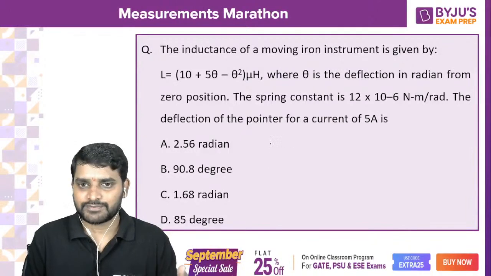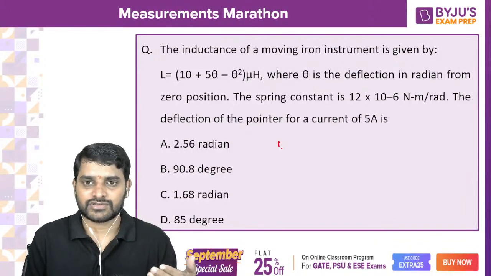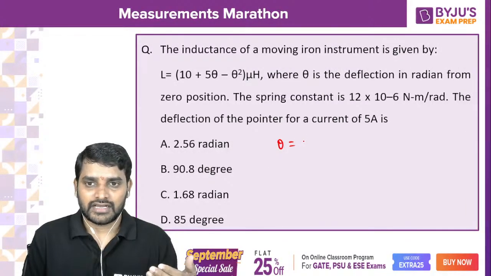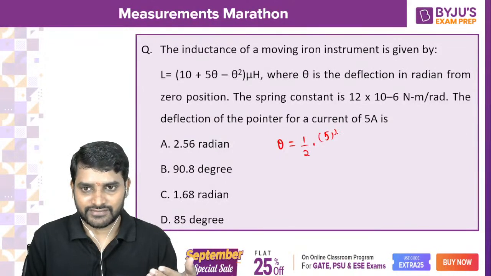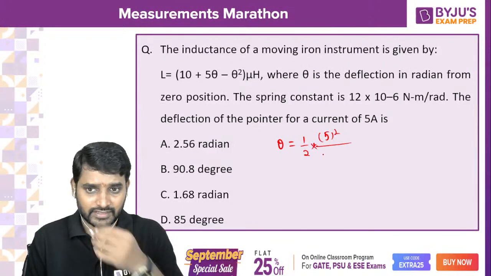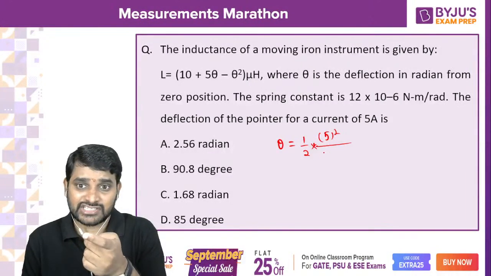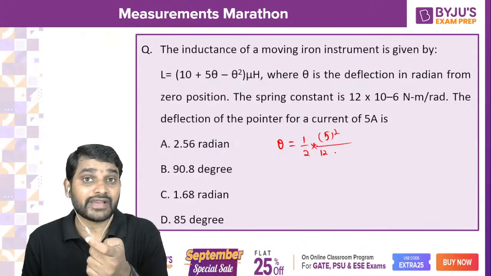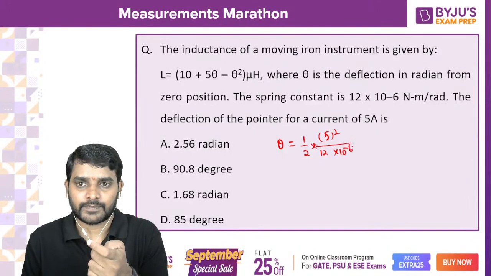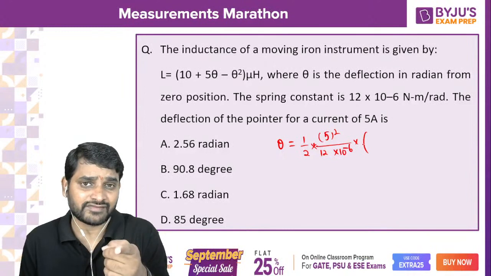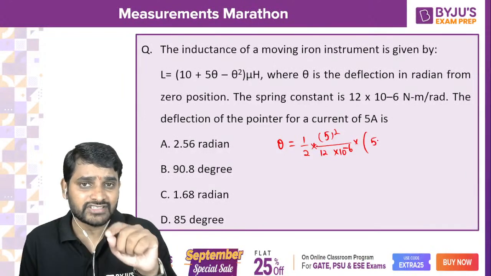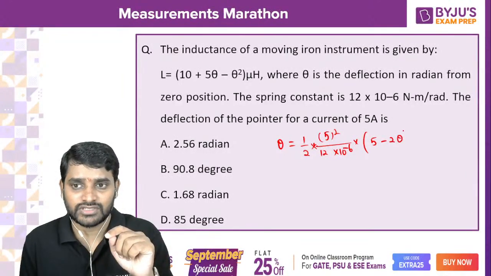Now you simply substitute in the equation. So theta equals half into I square, I square is 5 square, which is 25, divided by Kc. Kc is 12 micro, into the differentiation of inductance. Differentiation of 10 is 0, differentiation of 5 theta is 5, and differentiation of theta square is minus 2 theta, micro.